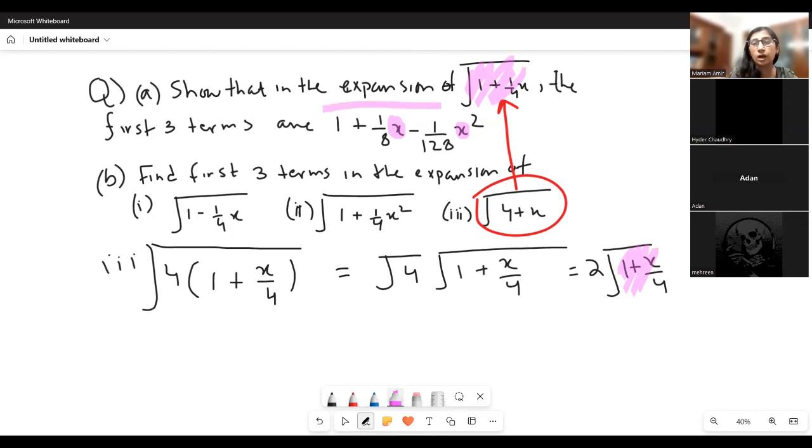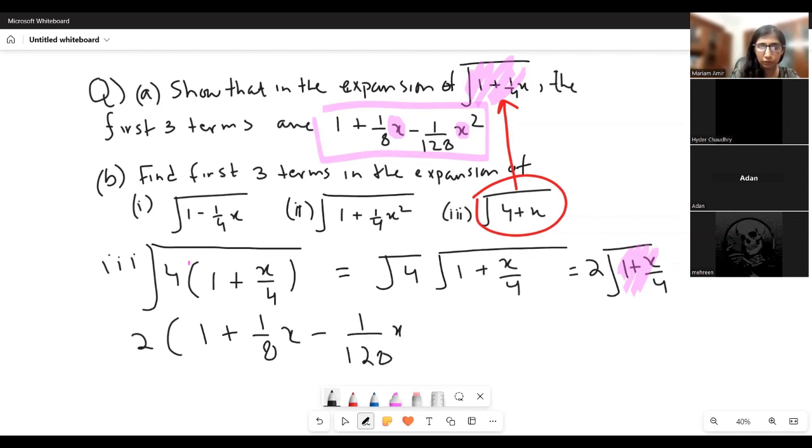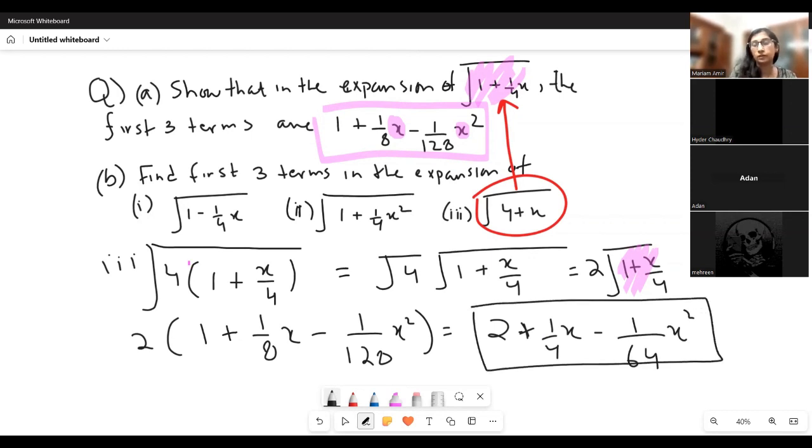So with the expanded form, you will just multiply by 2. So 2 times 1 plus 1 by 8x minus 1 upon 128x squared. That gives us 2 plus 1/4 of x minus 1 upon 64x squared. So this would be the answer for part 3.